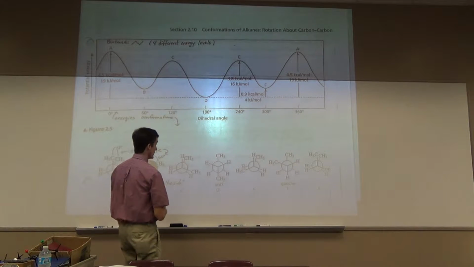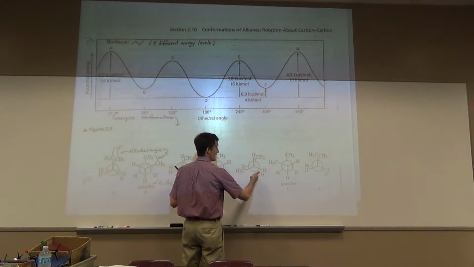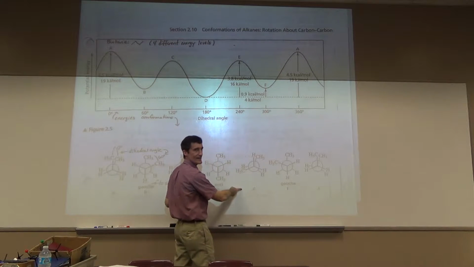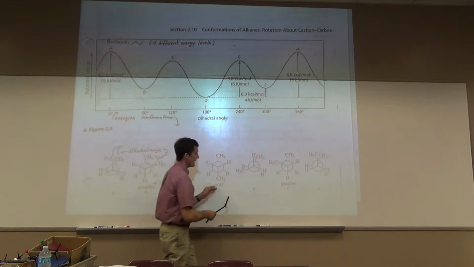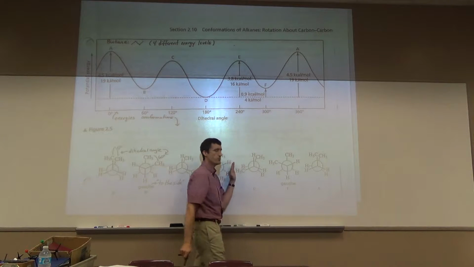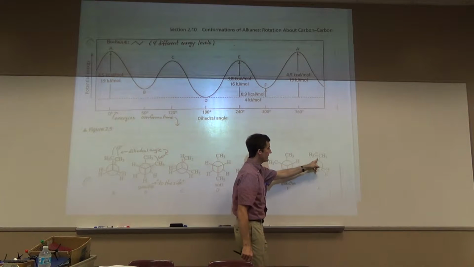And then your E and C are eclipsed, but what terminology do we want to use? How can we tell between E and A? Because E and A are both eclipsed. E is the local maximum. We can call A something.